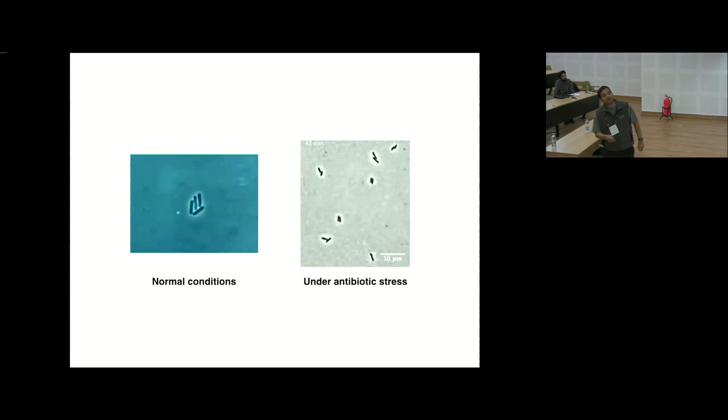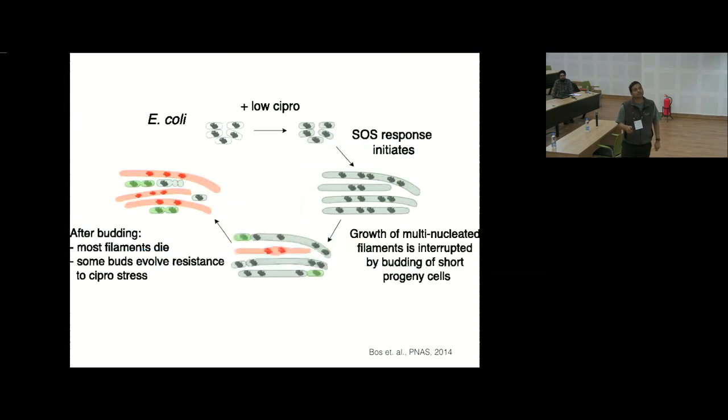Okay? And this is what they found: when you take this E. coli with its genetic material and put it with a low amount of antibiotic, it initiates this SOS response. The cells elongate, and in these elongated cells, they saw multiple copies of the chromosome.